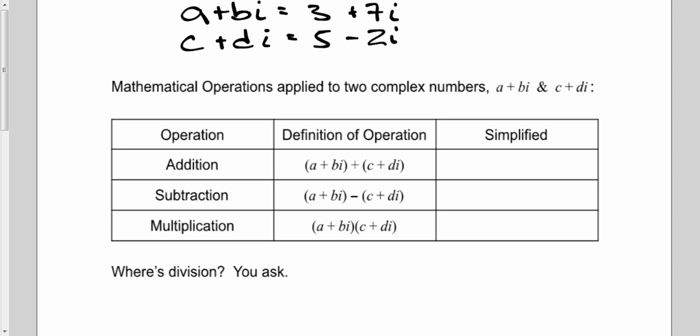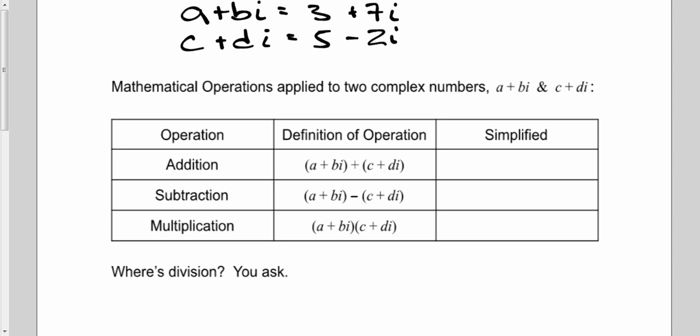Next page. We are going to take two random complex numbers. I'm going to take 3 plus 7i, and I'm going to take 5 minus 2i. We're going to add them, subtract them, multiply them, and see what we get. Okay?